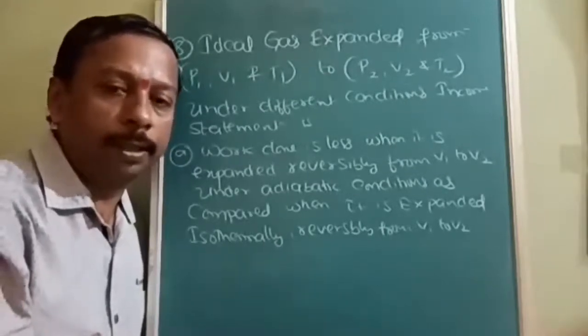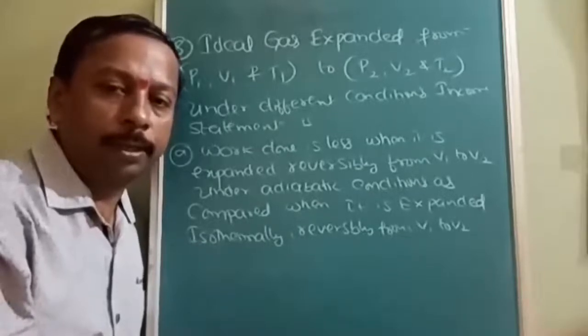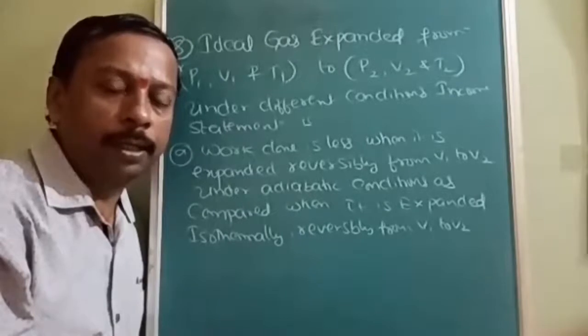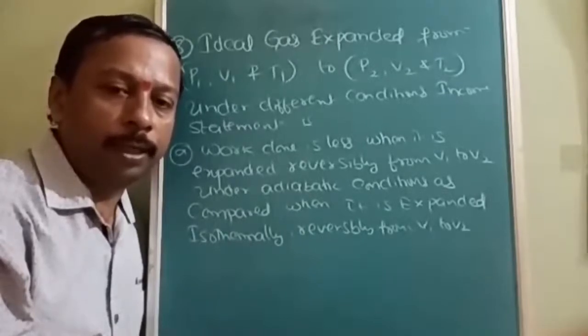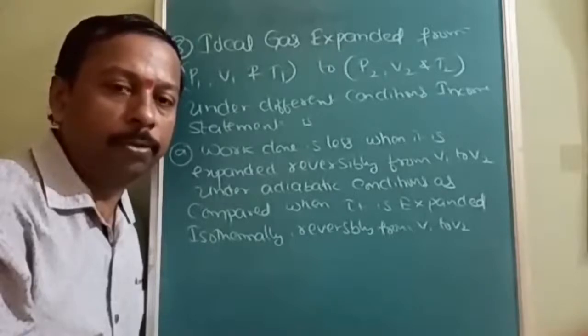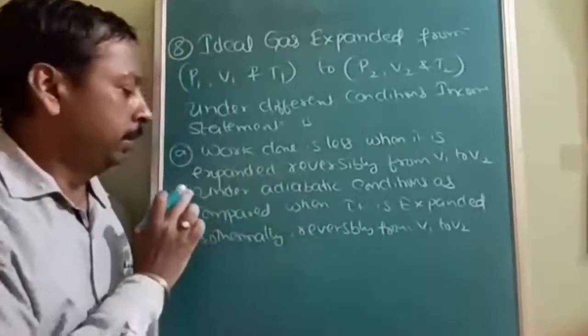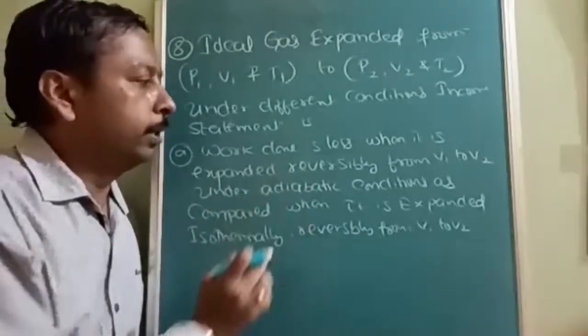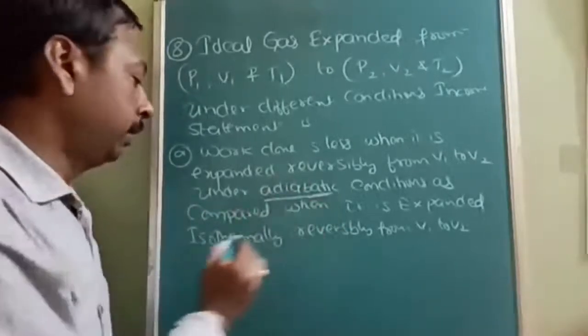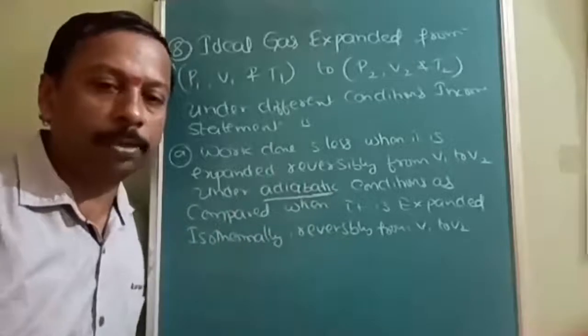The first condition mentioned is that work done is less when it is expanded from V1 to V2. What is the procedure adopted? It is reversibly adiabatic for the first, and reversible but isothermal for the second.